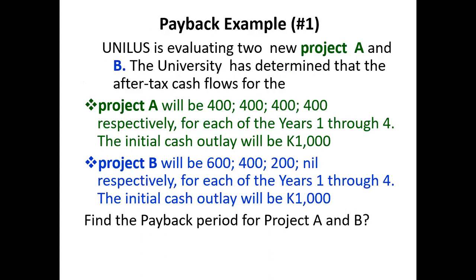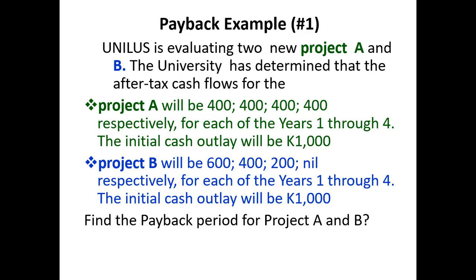So we're going to look at an example using the payback period. For instance, Unilas is considering investing in a new project, A and B. The university has determined the after-tax cash flows. For project A, we're expecting 400, 400, 400 for the years respectively, and their initial investment was 1,000.